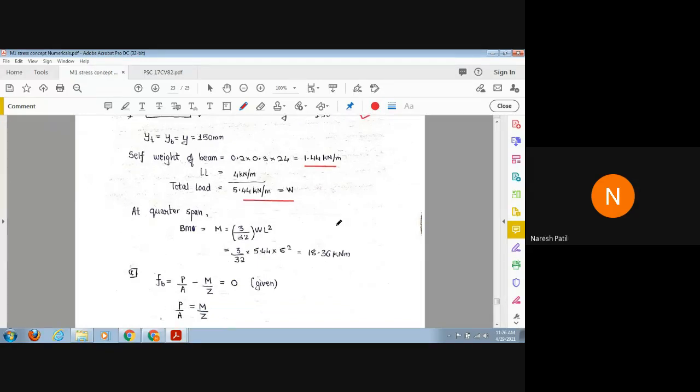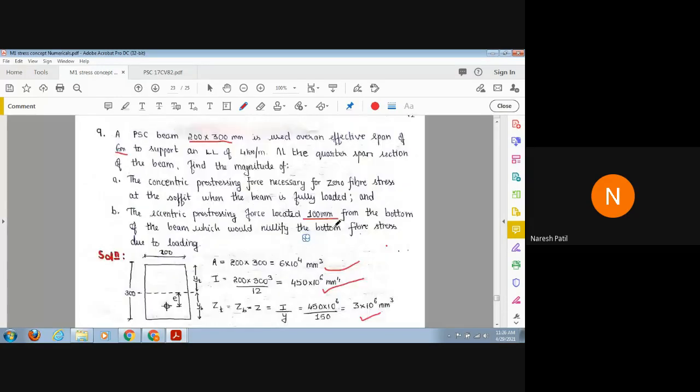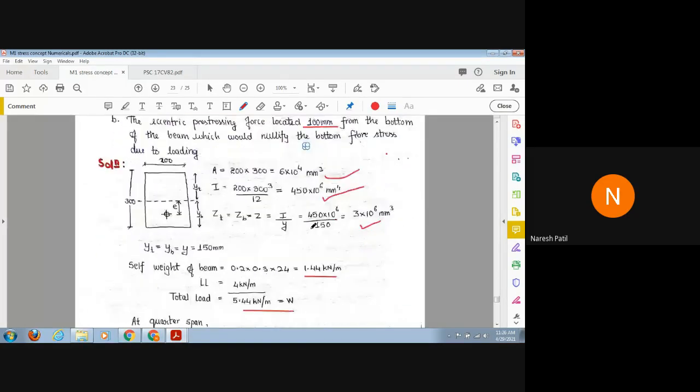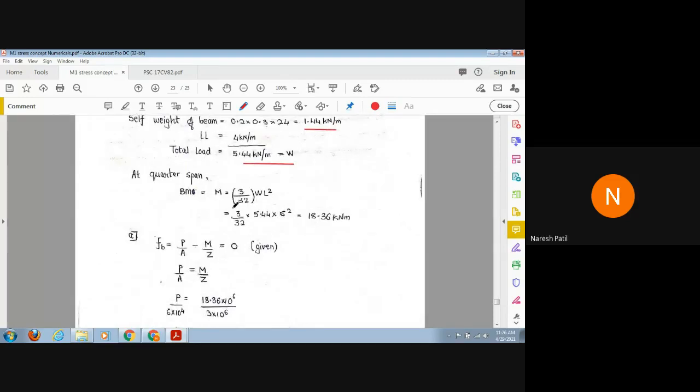Okay, now they have asked to get the magnitude at quarter span. So you can use directly the formula 3WL squared by 32, or you can calculate with respect to the reaction. What you can do, you calculate the reaction first, because the W is given.